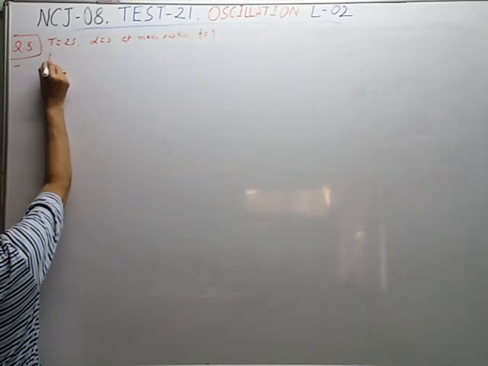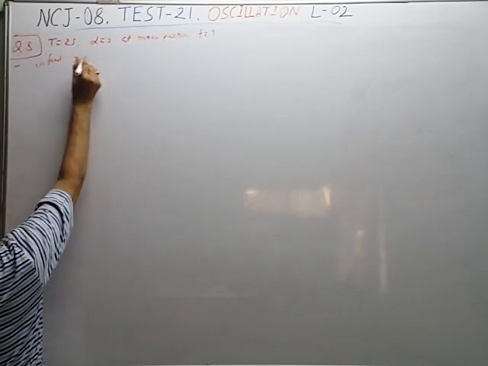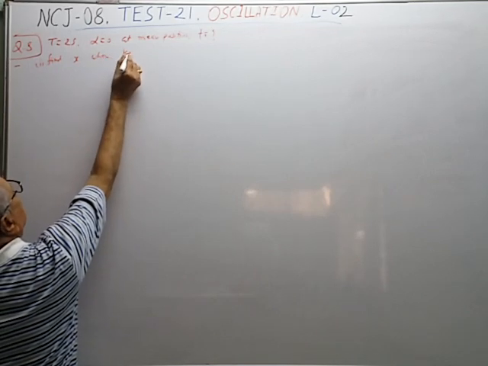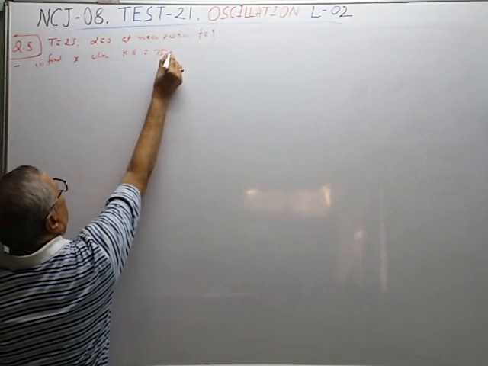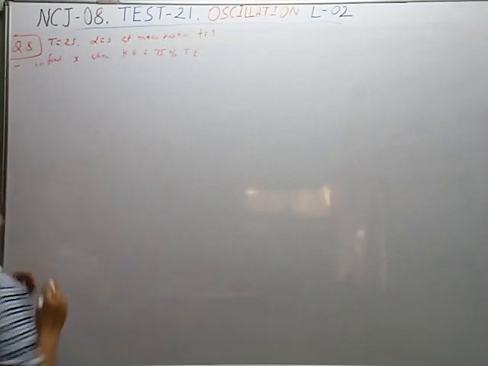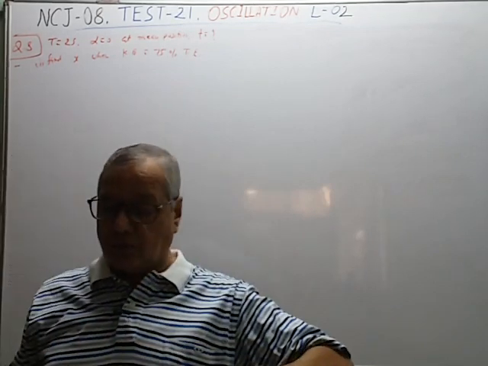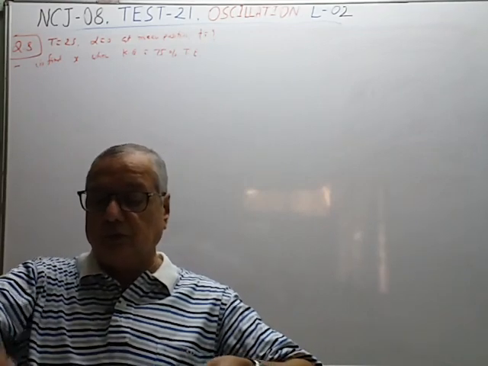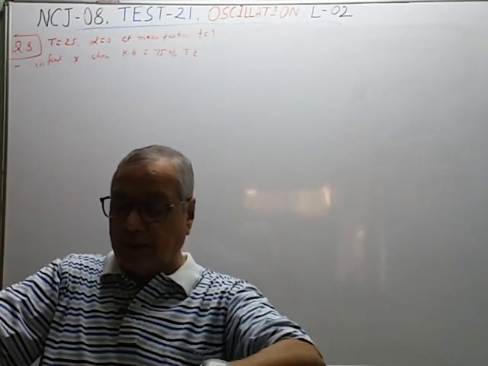So first step, find x when KE is equal to 75% of total energy. I will use both the methods.